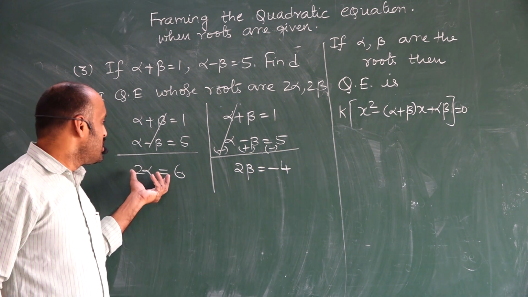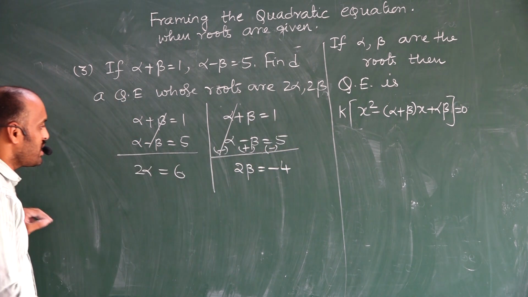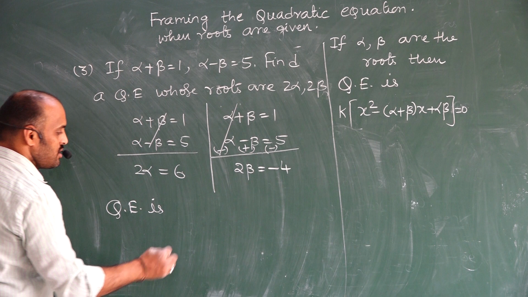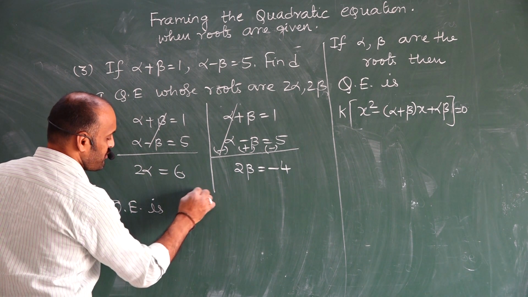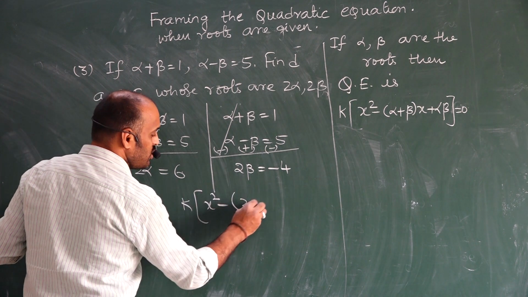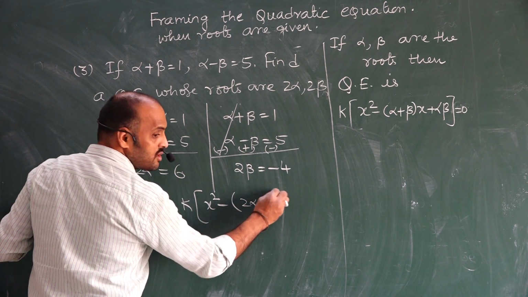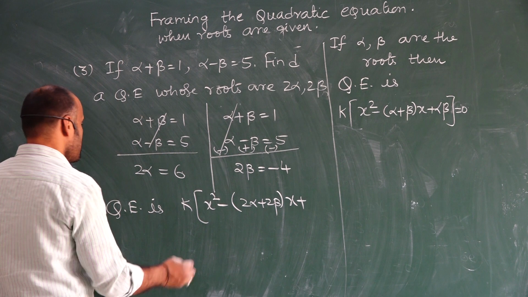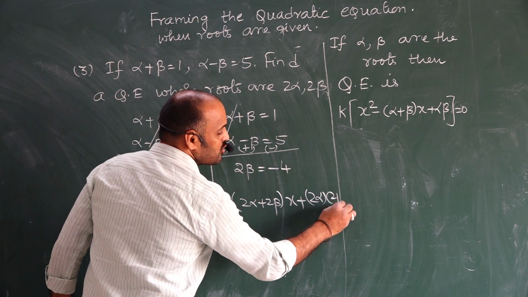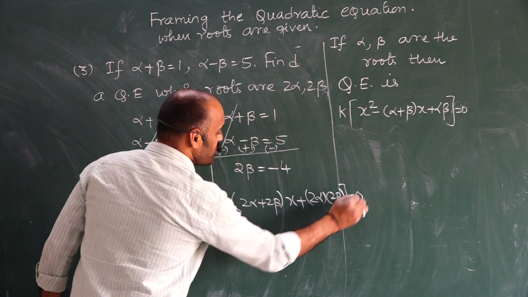When you have the roots, you can frame the quadratic equation. Quadratic equation is k times of x square minus sum of the roots (2 alpha plus 2 beta) into x plus product of the roots (2 alpha into 2 beta) is equal to 0.